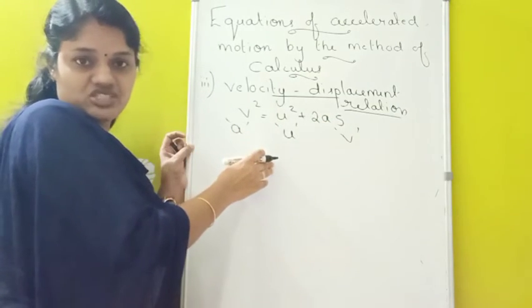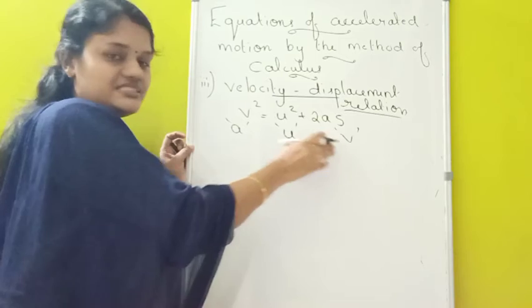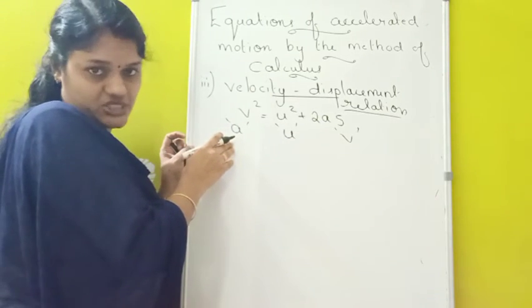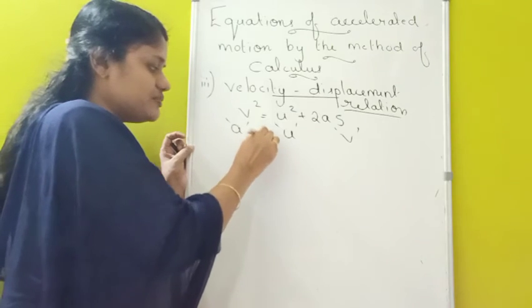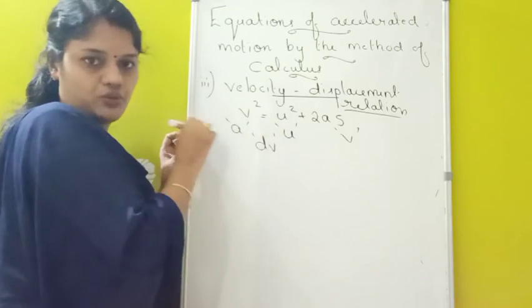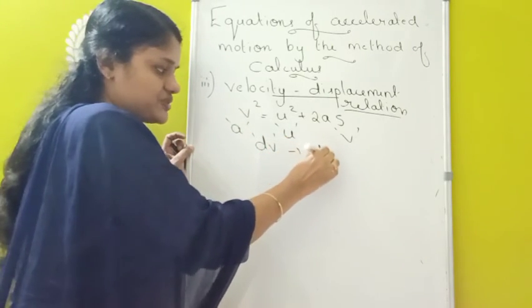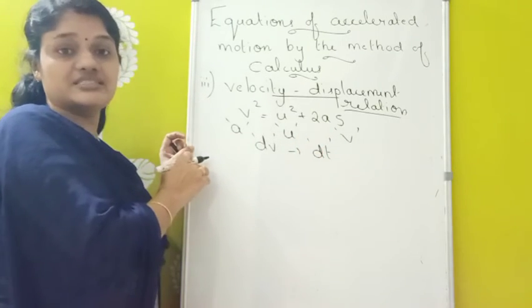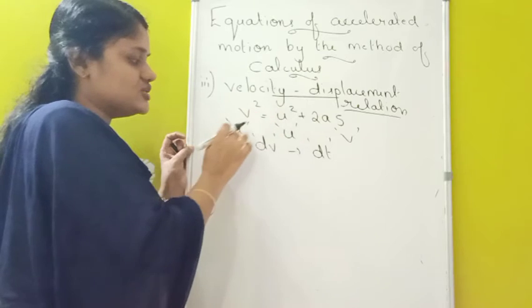Let dv be the change in velocity of the object in a small time interval dt.